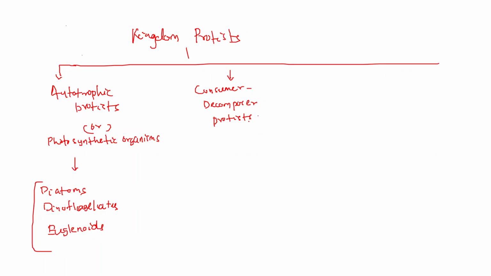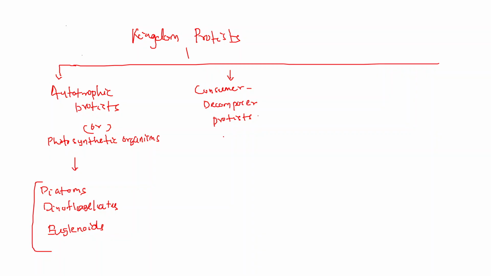So some protists are known as consumer decomposer protists. Decomposer protists means they act like fungi or microbes. Microbes and fungi are the decomposers, meaning they decompose dead organisms. So some protists also have a function equal to that of decomposers, so they are known as consumer decomposer protists.